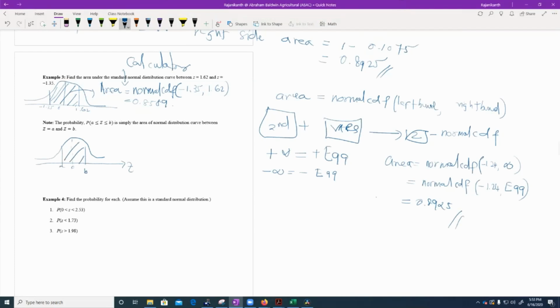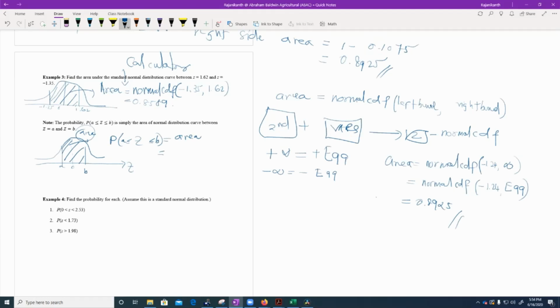The probability of having z values between A and B is simply the area between these two values. So these are the connections, right? If you are asked to find the probability of the random variable between two values, that is simply finding the area between those two values. Now we know how to find the area, right?